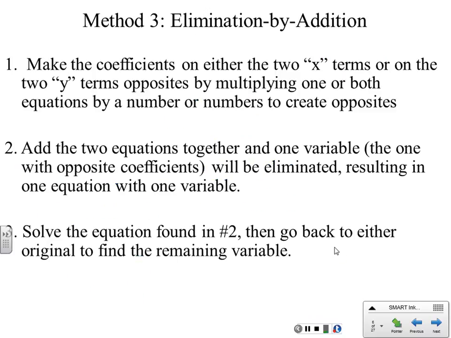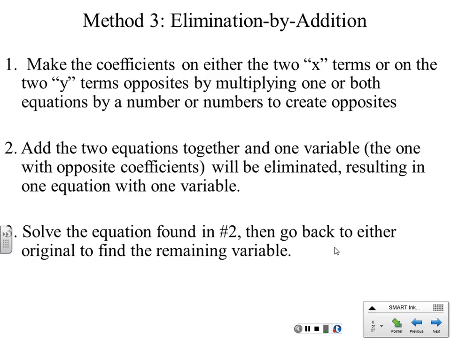Elimination method, this is what most people prefer. Elimination by addition. Step number 1. There's going to be a lot of terminology, so just make sure you pay attention. Make the coefficients on either the 2x's or the 2y's opposites. In other words, you either want 3 and negative 3, or 6 and negative 6.